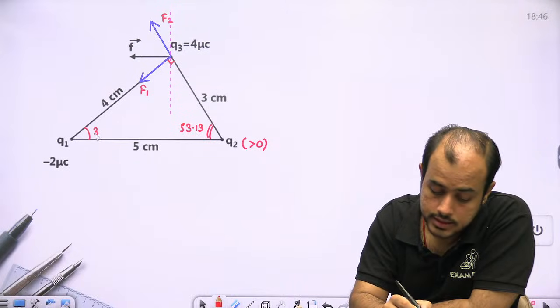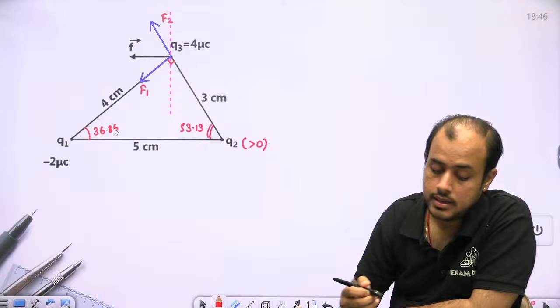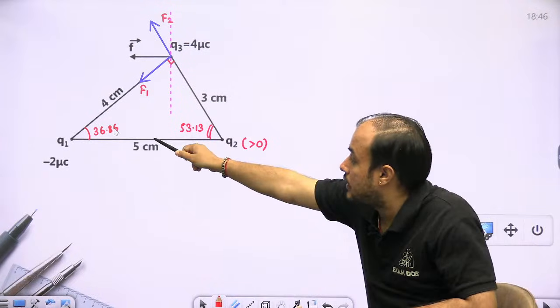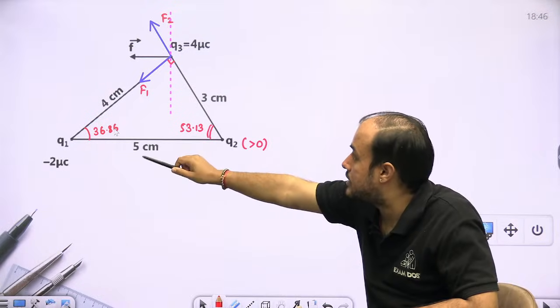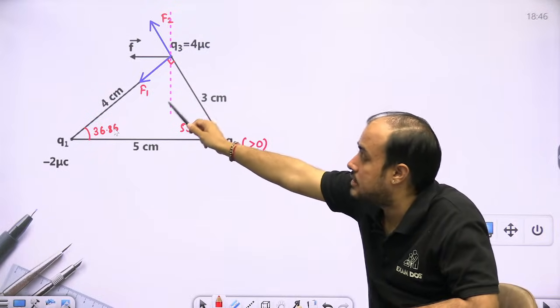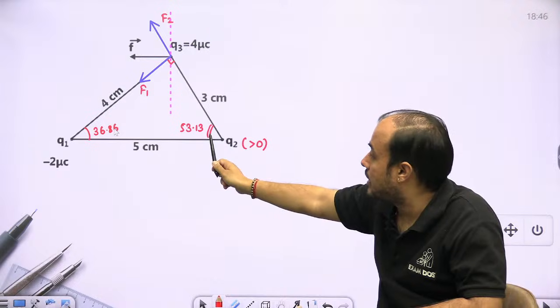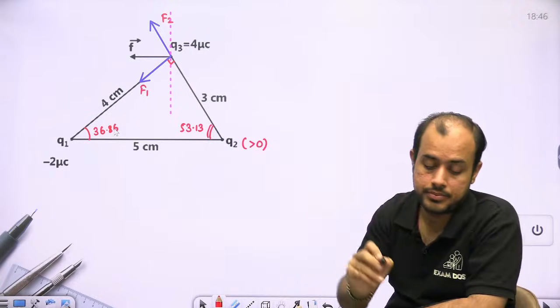This is 36.86. How, sir? Because, beta, this angle is this, this 36.86 that I have written will be tan inverse 3/4 and this one tan inverse 4/3.